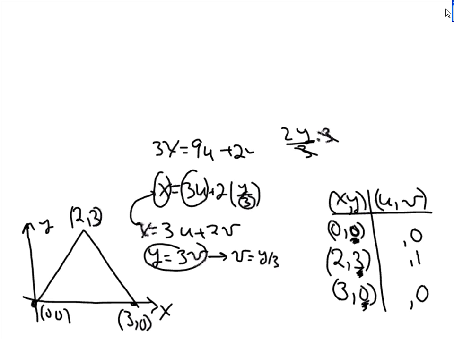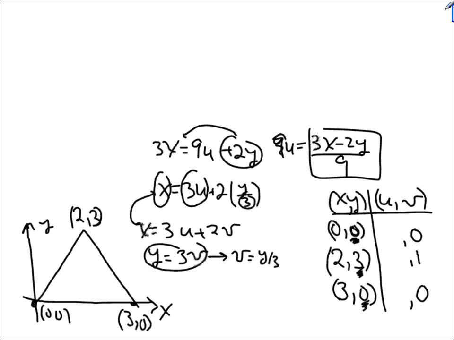So I get plus 2y. This equation I can solve for u. First I'll solve for 9u. Let me bring this to the other side. So 3x minus 2y equals 9u. Divide by 9, and now I have a way of getting u's.